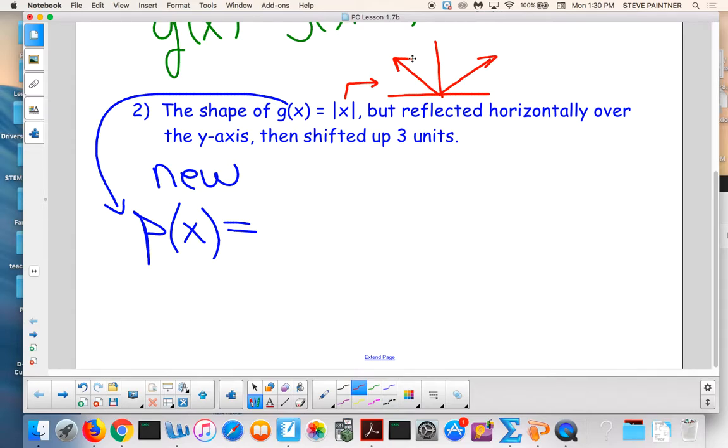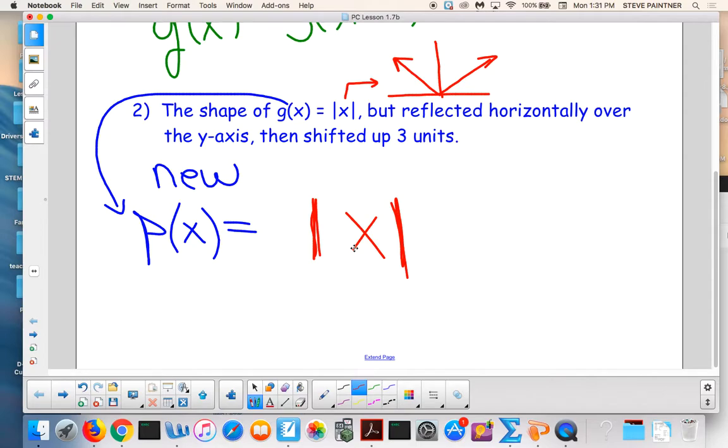Absolute value function is basically the letter V, isn't it? Okay, so remember what I said? If you're going right or left, x plus something, x minus something. Are we going right or left? Does it say to go right or left in here? No. So guess what? Just put x, okay?